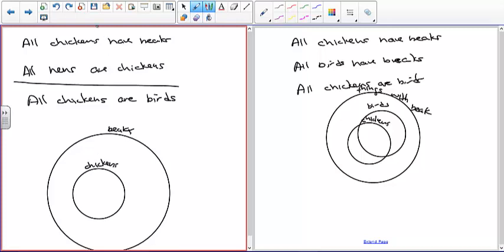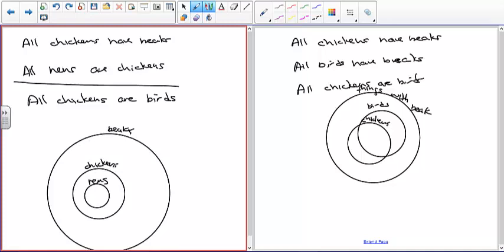Then all hens are chickens, so the all part goes inside the second thing. So this is hens, and we have roosters. And because this is inside of that, it's also inside of that.